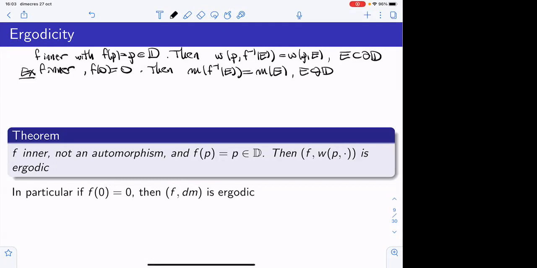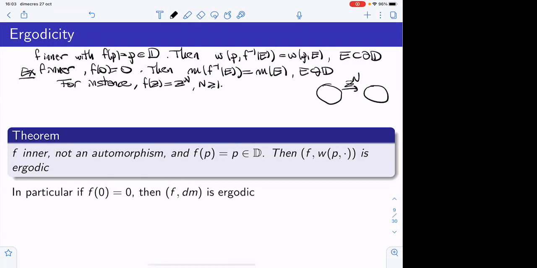Okay. So, just to have a picture, imagine that f is just a power of the identity, f of z equals z to the n, with an integer n bigger than 1. When you have this mapping z to the n, imagine the preimage of an arc, for instance this arc E. Well, from the topological point of view the preimage is much more complicated.